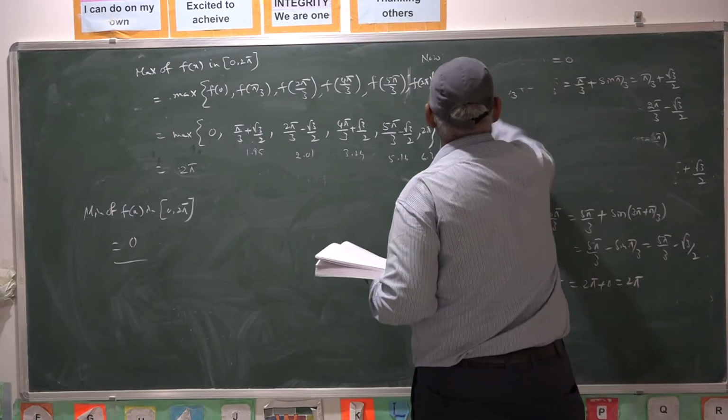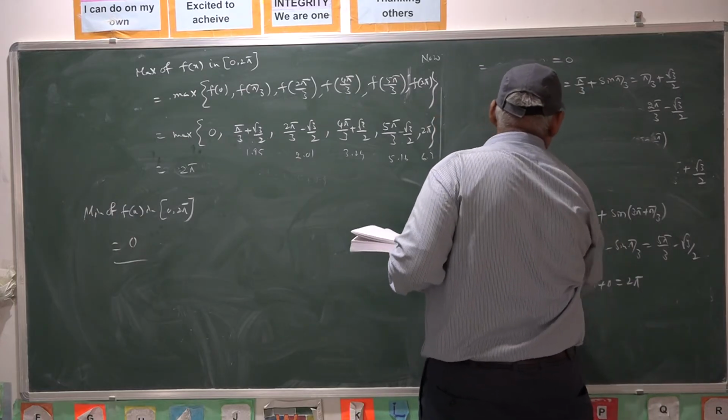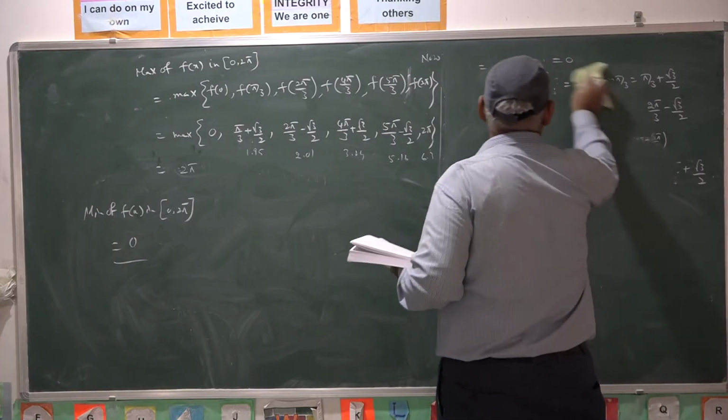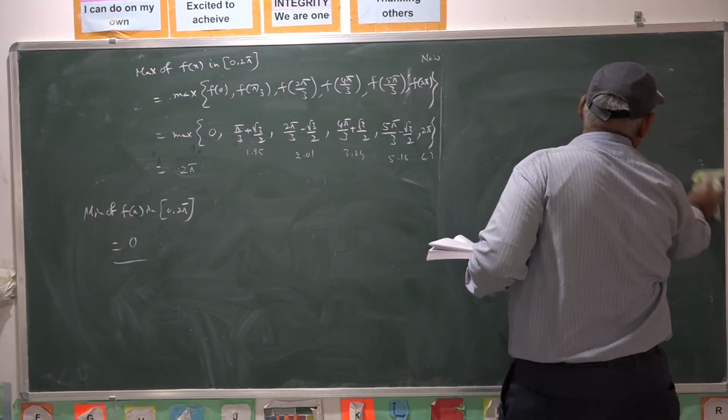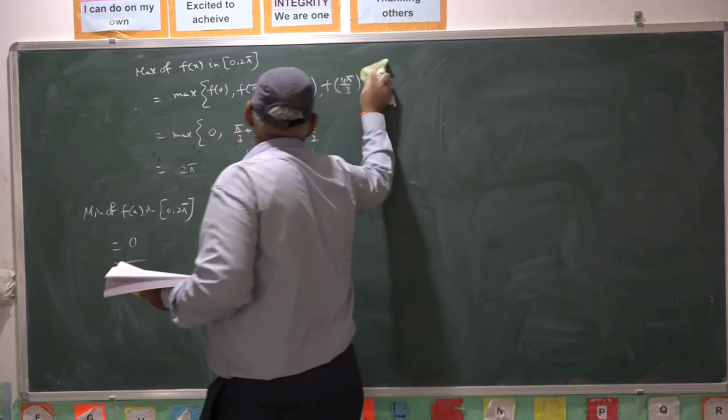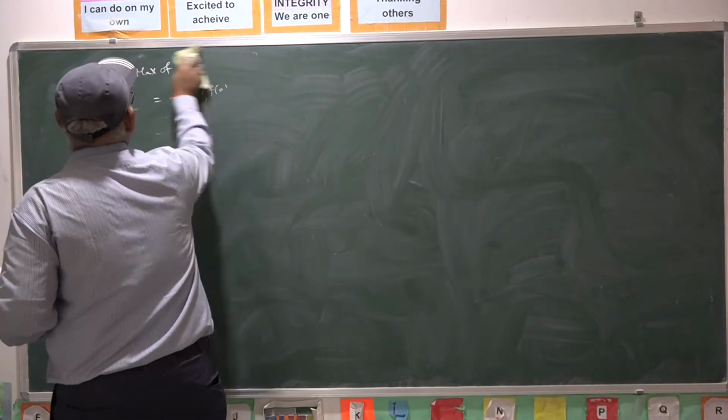That is one more way of concluding the problem. Once the function is completely increasing in the interval, at the left end it takes minimum, at the right end it takes maximum.